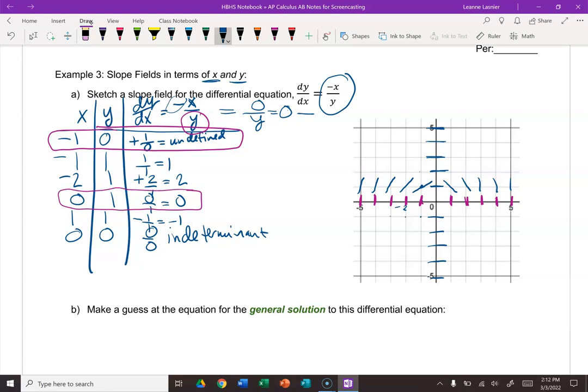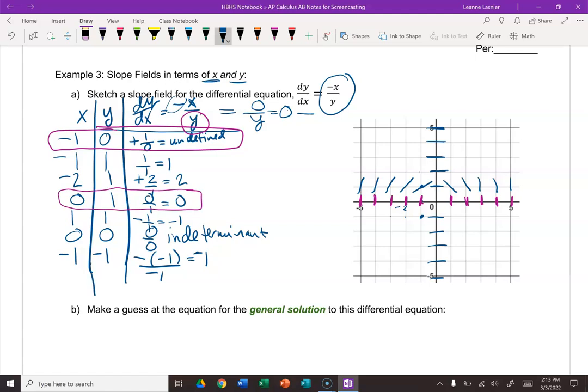So maybe I'll do a couple down here when x is -1. That's this one. And then y is -1. My slope would be negative x over y, which is 1. Oh, sorry, y was negative 1 here. There we go. So these slopes will be the same value as whatever x is.